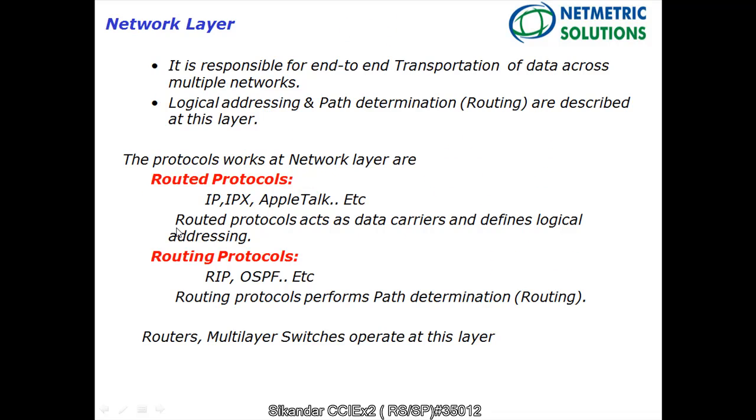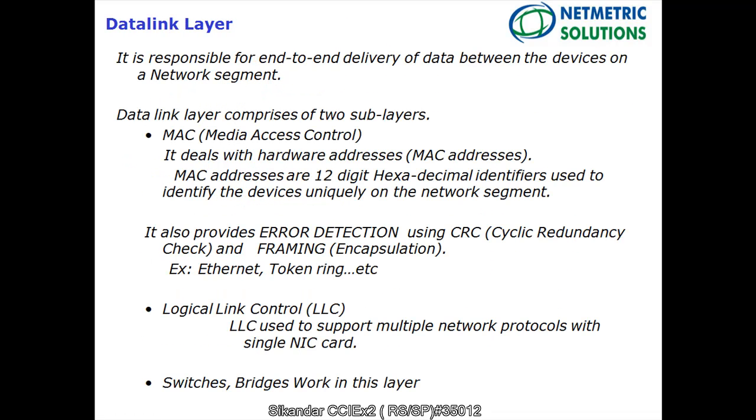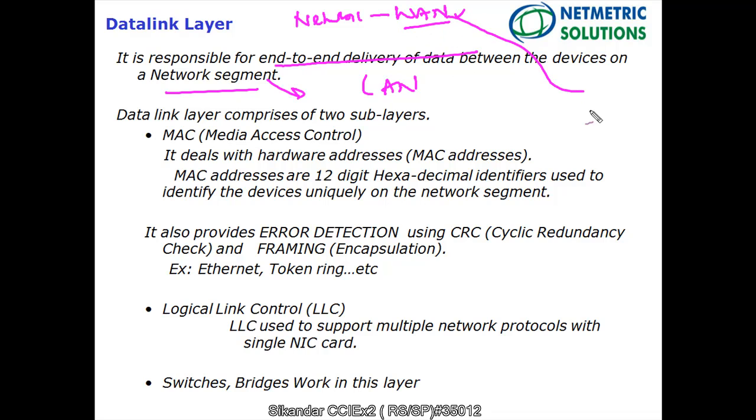Now once we understand the network layer, the next step is to understand the data link layer. The data link layer is also responsible for sending the data within the network segment. Within the network segment means within the LAN. The network layer, which we discussed previously, deals more with a WAN connection. Once the packet reaches the router, how does the process happen within the LAN?